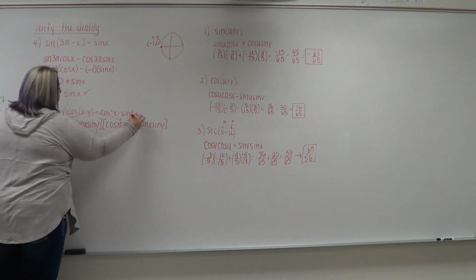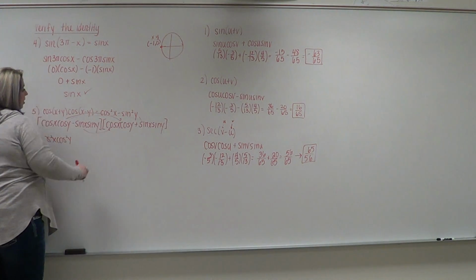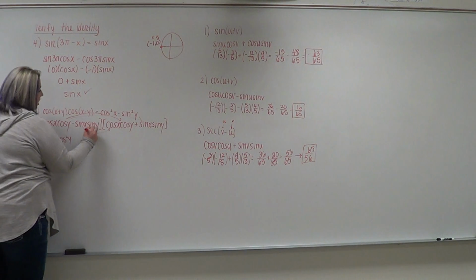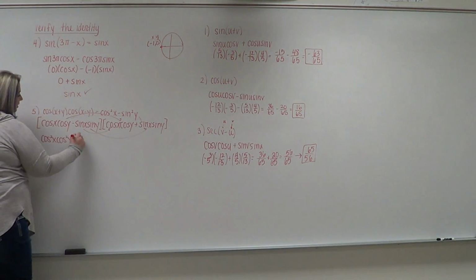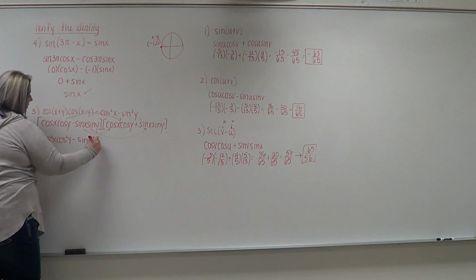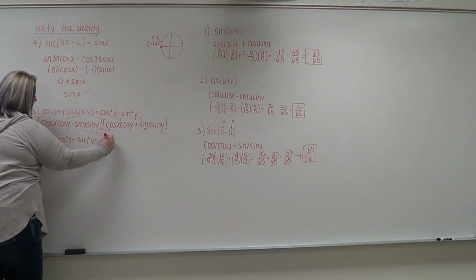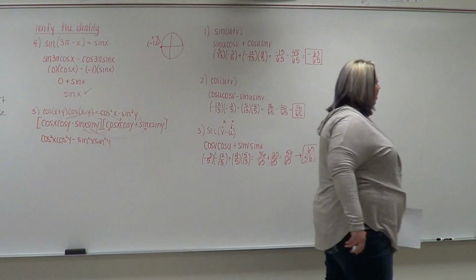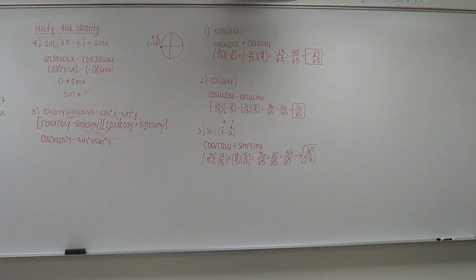What about your middle terms? One's positive, one's negative, so what would happen to them? They cancel. So then I just have cosine squared x, cosine squared y, and then I would have minus sine squared x, sine squared y. Okay, is that what we need for our answer yet? No.